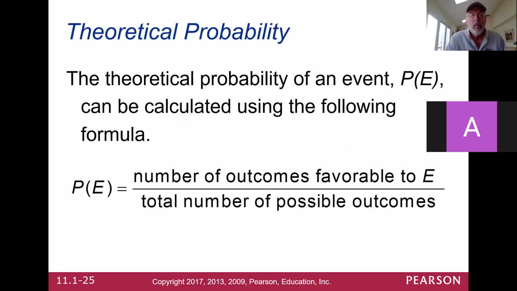All right, so the theoretical probability and its equation here is really no different from the empirical probability. It's the number of outcomes favorable to the event over the total number of possible outcomes.